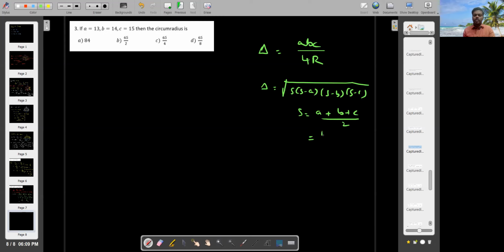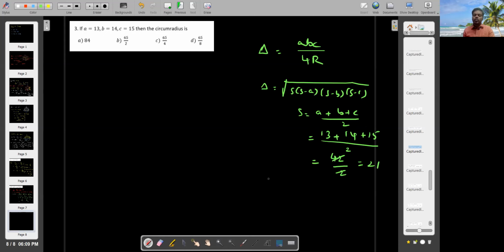So a is 13 plus b is 14 plus c is 15, by 2. So that is 13, 27, 42 by 2. So the S value is 21.